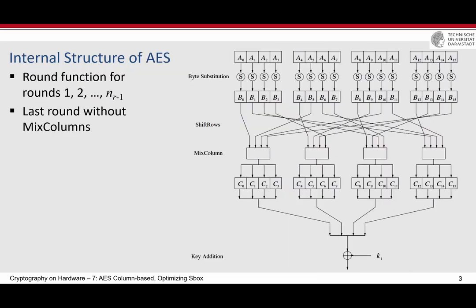Now we see how we can do it for the AES, for example, for AES-128. We learned that 4 Sboxes are feeding into one MixColumn, and all these 4 similar modules can be shared.